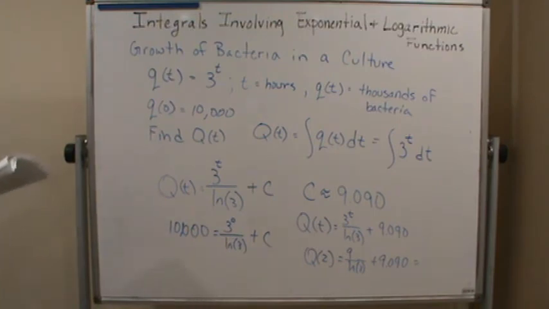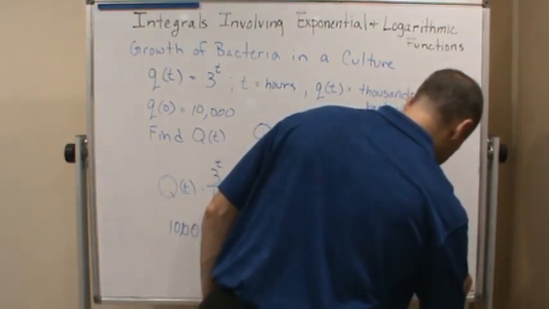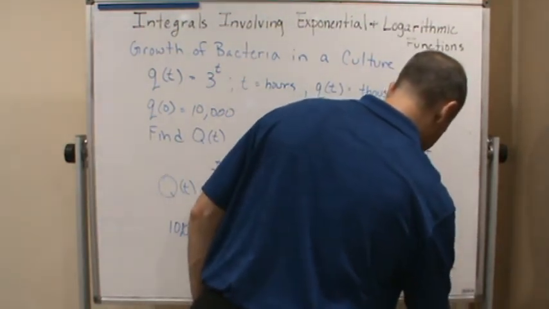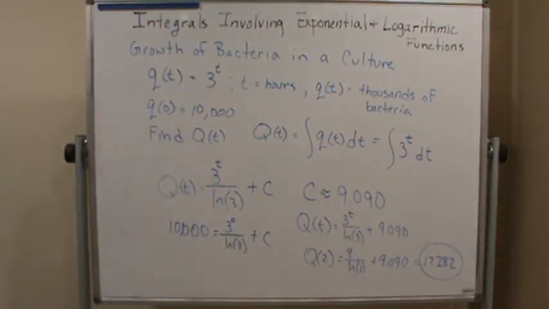So the answer we get for Q is approximately 17.282. So after 2 hours, there's going to be approximately 17,282 bacteria. And that's it.